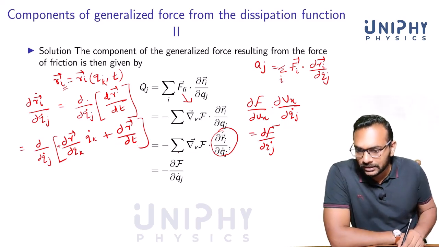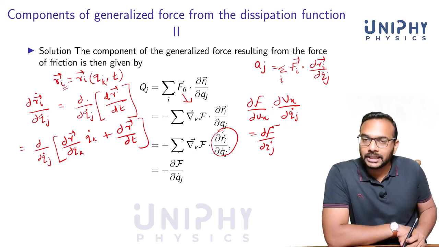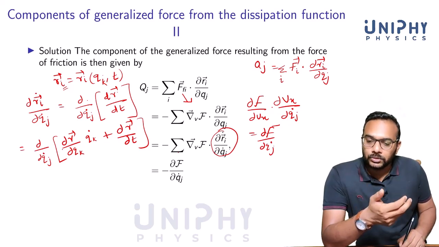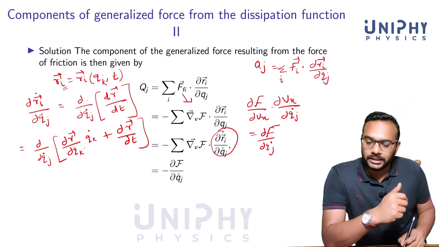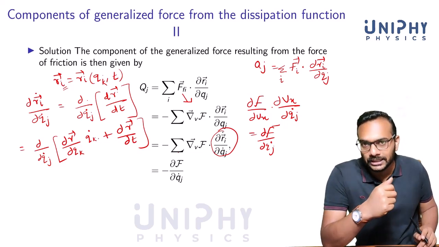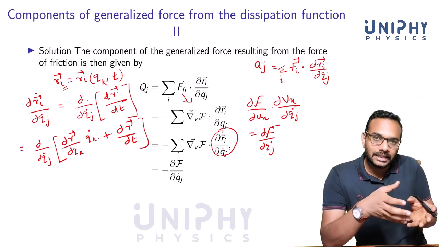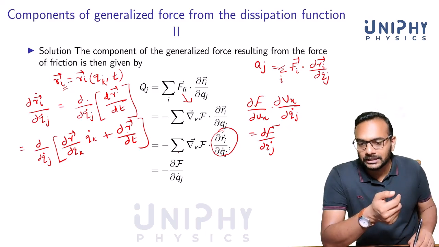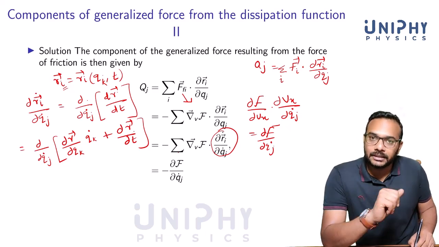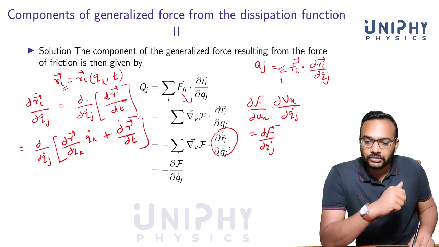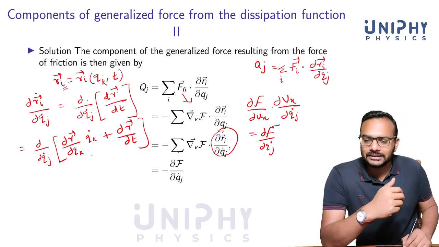Of course there's a summation over k here because there are n generalized coordinates, so you have to sum over k equal to 1 to n, over all generalized coordinates, because these generalized coordinates generally depend on time. So the dependence of the generalized coordinates on time causes a time change in r vector, and there can also be an explicit dependence. R vector can also have an explicit dependence on time, so that will be taken care of by this part. This is known as the chain rule.